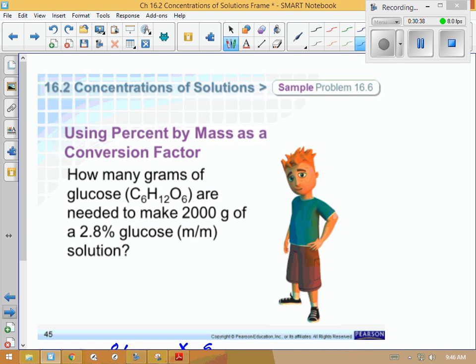Let's do percent by mass real quick, and then we will be done. How many grams of glucose are needed to make 2,000 grams of a 2.8% glucose solution? So we know we have 2.8 is our percent by mass. We have a part, which we don't know, that's X grams. And we have a whole, which is 2,000 grams, times 100.